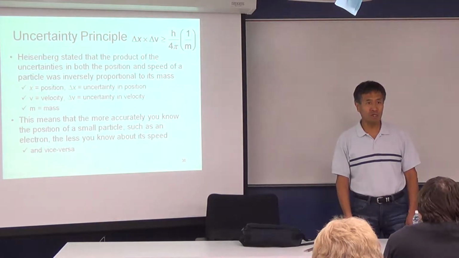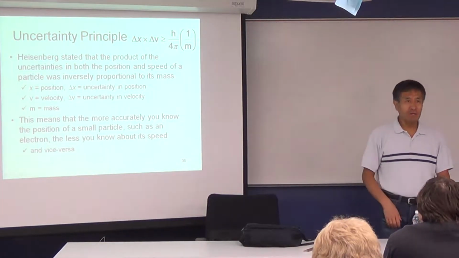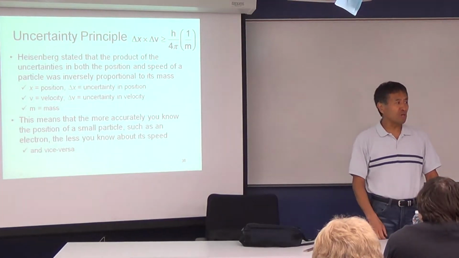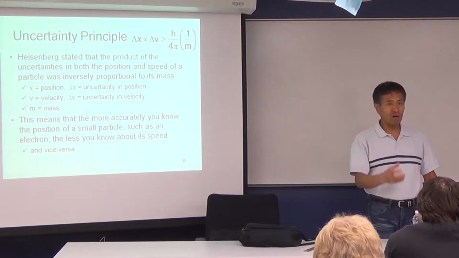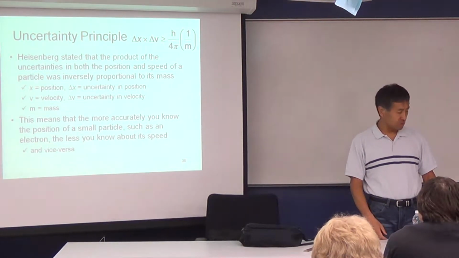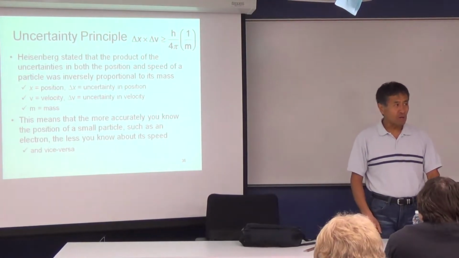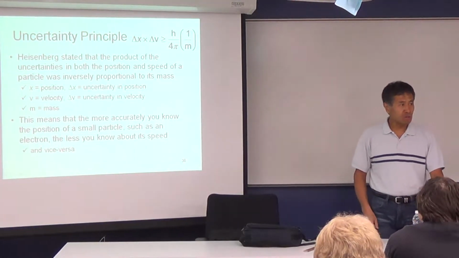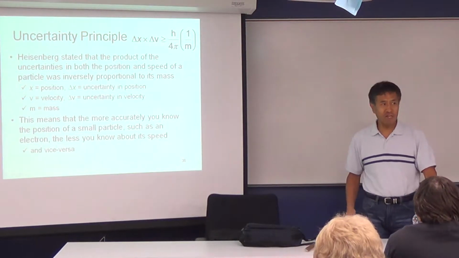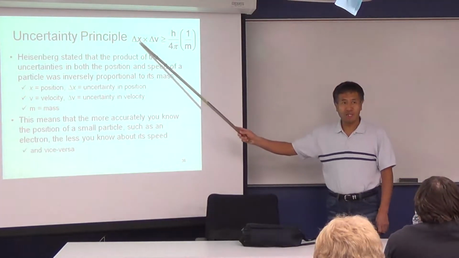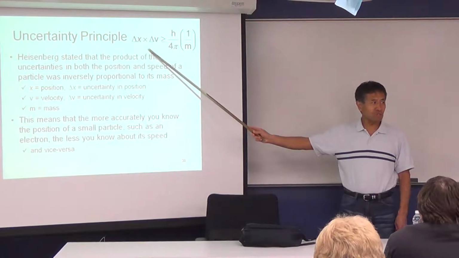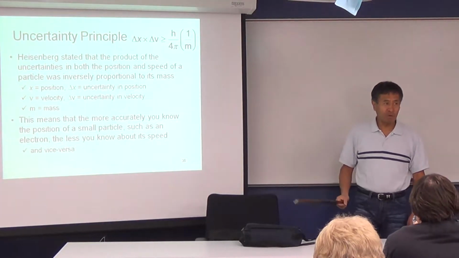So it is negligible to our measurement, or our eye, or our perspective. So you can measure the position, represented by x, and the velocity or speed, represented by v, both precisely.